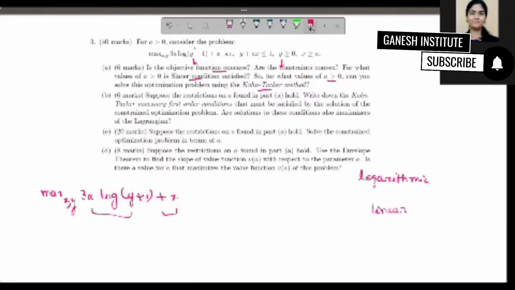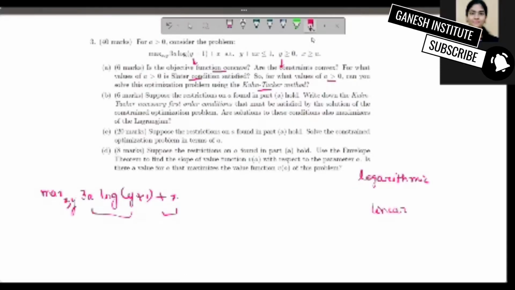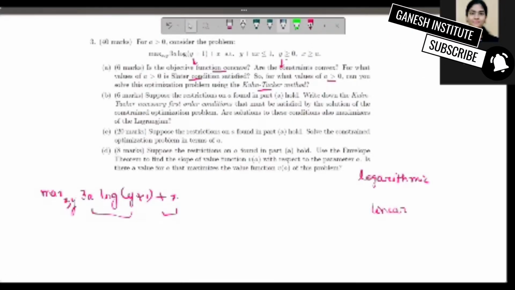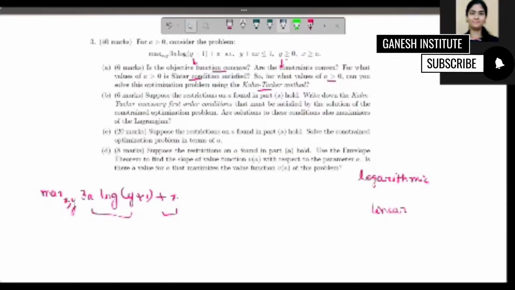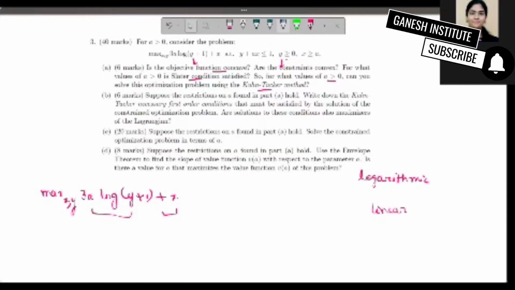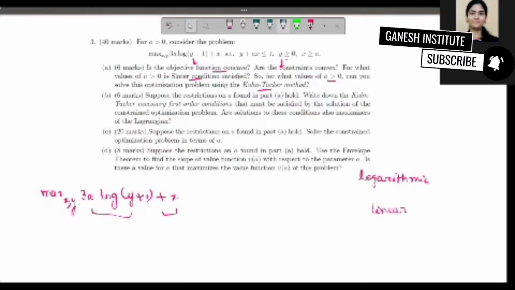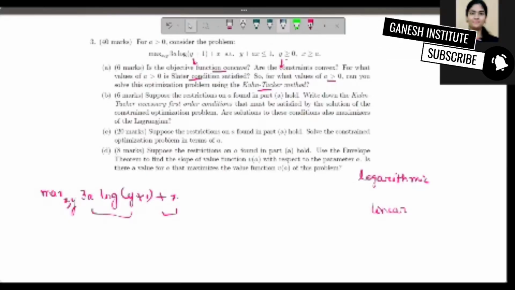Now, the logarithmic function is how? Initially we think it is growing and then it slows down. So it is always concave.